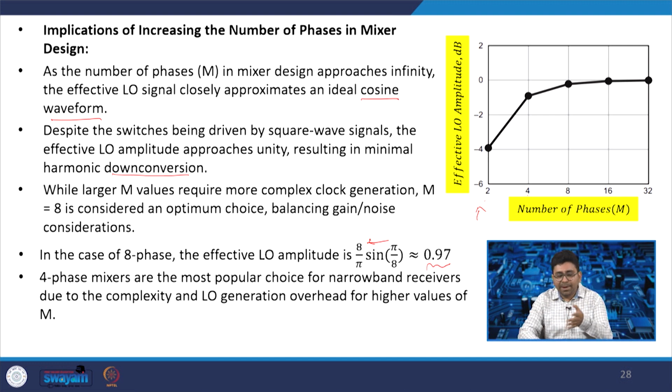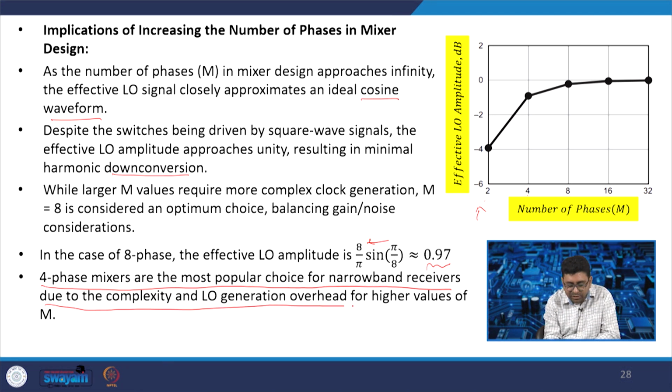So, mostly m equal to 8 can be considered, and the 4-phase mixer is a more popular choice for narrowband receivers due to the complexity and clock generation overhead for high values of m. So, finally, this point is widely used, that is m is equal to 4, which will help us design the 4-phase mixer.